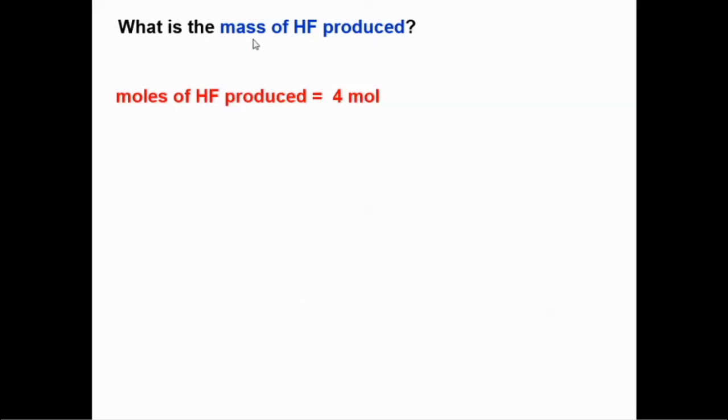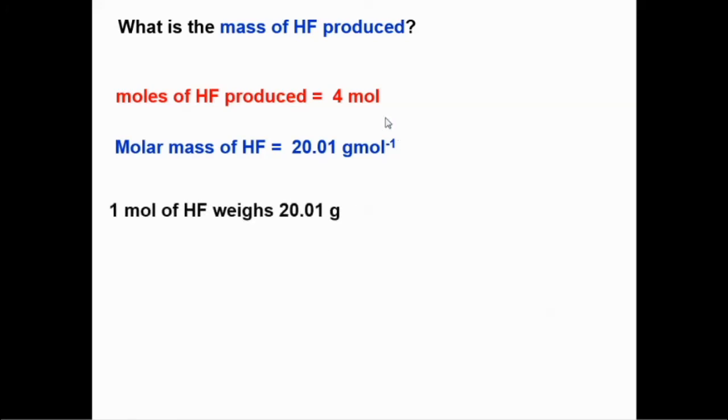To calculate the mass, we are going to use the molar mass of hydrogen fluoride, which is 20.01 grams per mole. From this molar mass, we know that 1 mole of hydrogen fluoride weighs 20.01 grams.